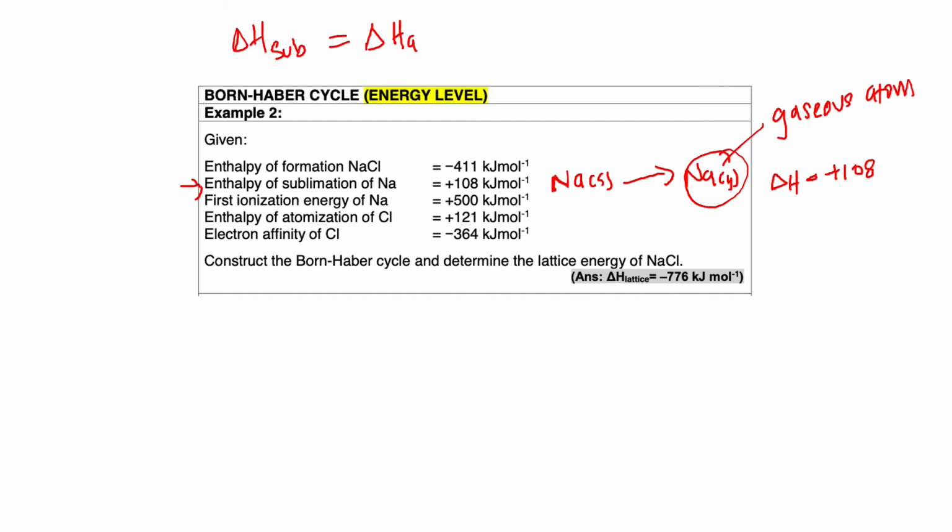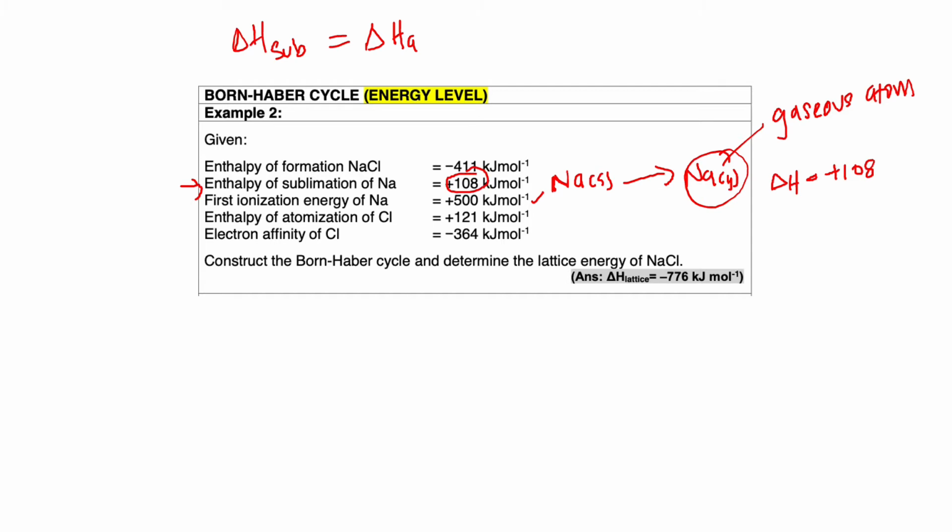Second thing, I will always look at the value first. As you can see, the biggest value is 500. So we know this 500 must be having the biggest gap ever. And then the smallest one is 10, which is the enthalpy of sublimation for sodium.